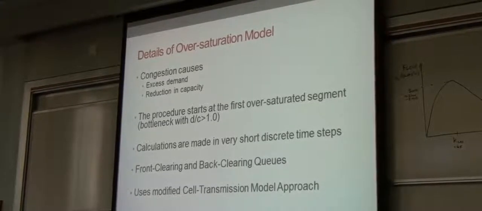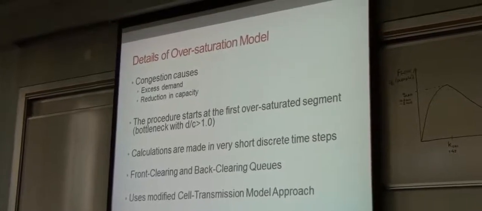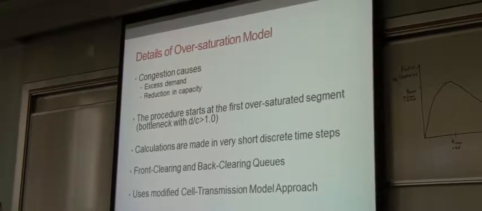The front clearing queue is one that happens as a result of an incident. When you have a relatively fixed demand, for example, you have a temporary drop in capacity, the incident is resolved, and then the queue clears from the front. Both of these are within Chapter 10, but they're implemented slightly differently, and we'll talk about what those differences are.